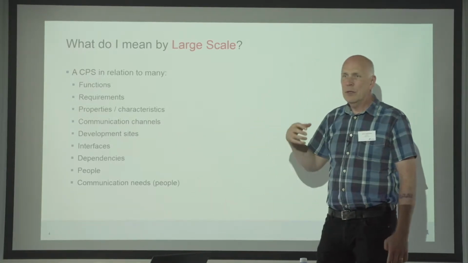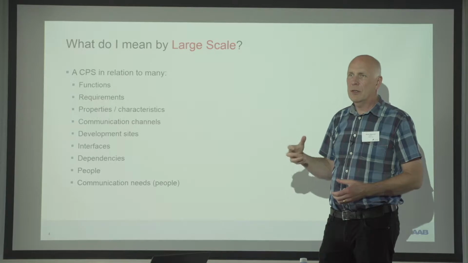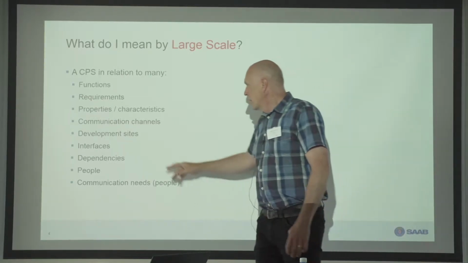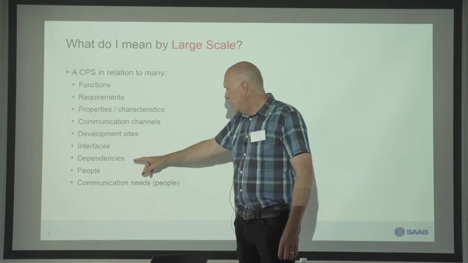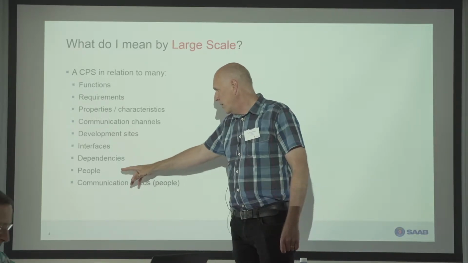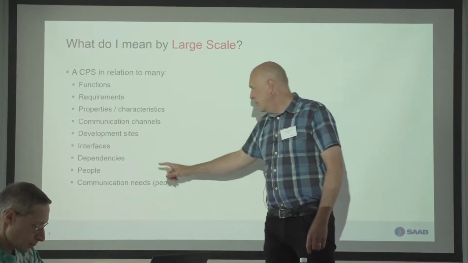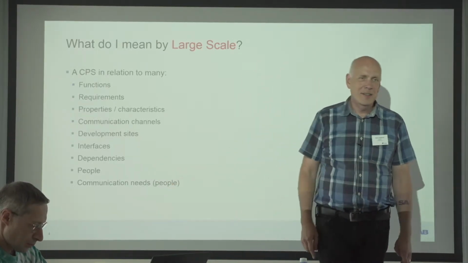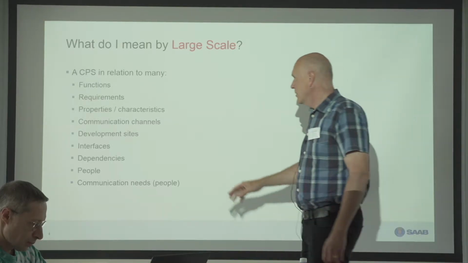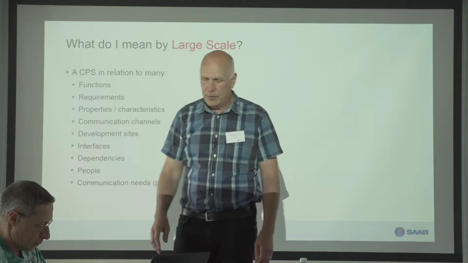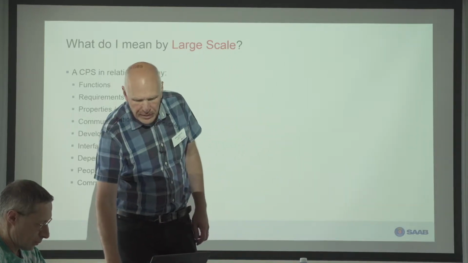We develop with sub-suppliers, or ourselves, parts all around the world. Interfaces, of course, dependencies between a lot of things, a lot of people, as I talked about earlier, and we have a lot of communication needs. This is both communication within the product and communication during development. How to handle all those?